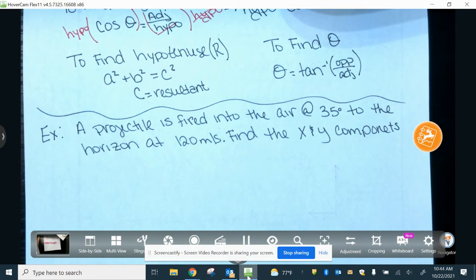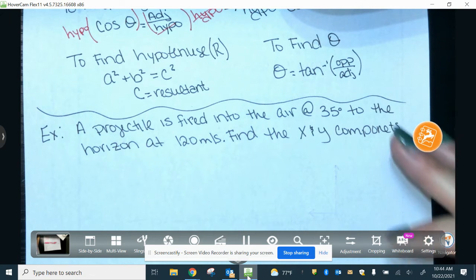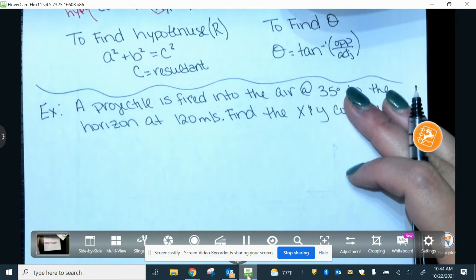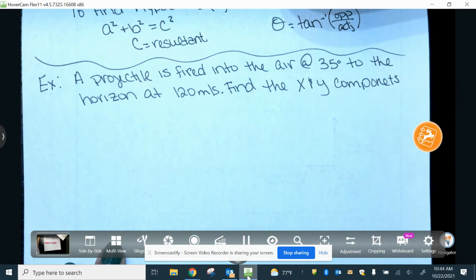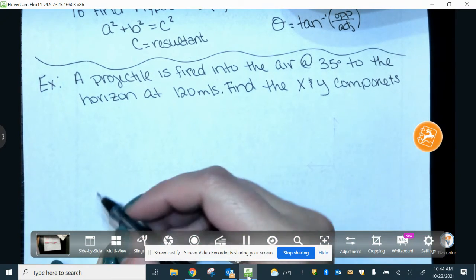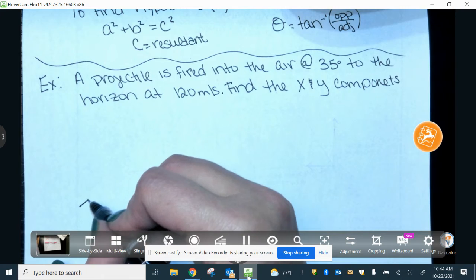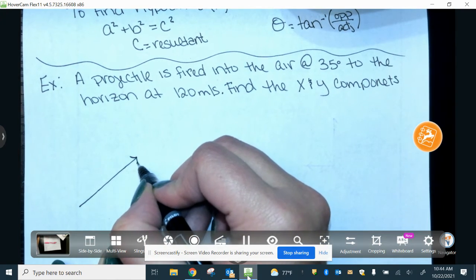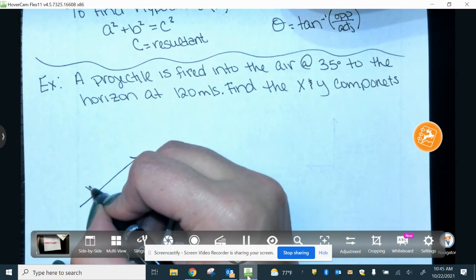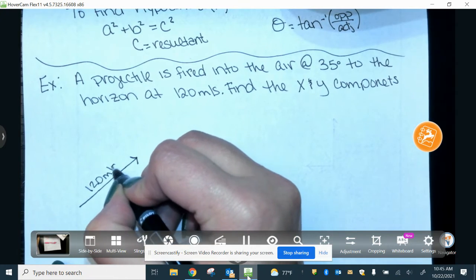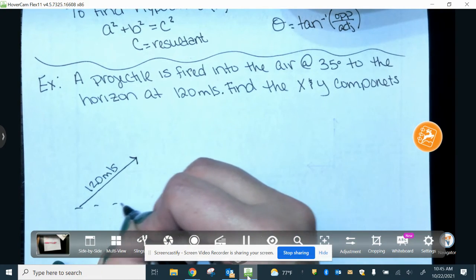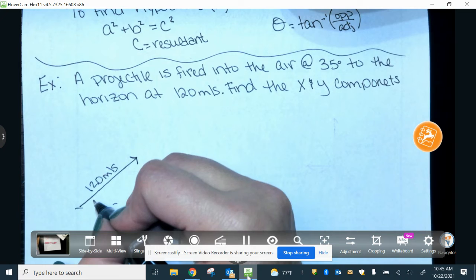So the projectile is fired into the air at a 35-degree angle to the horizon at 120 meters per second. Find the x and y components. First thing you do is sketch out what you know. This would be my horizon.